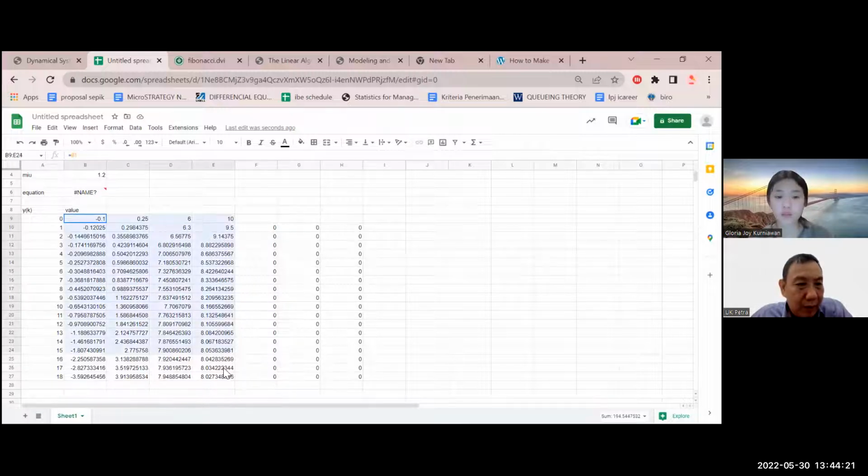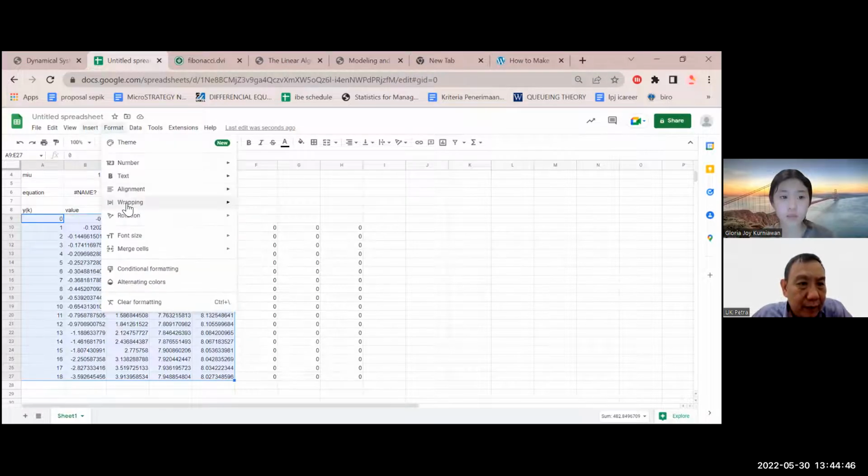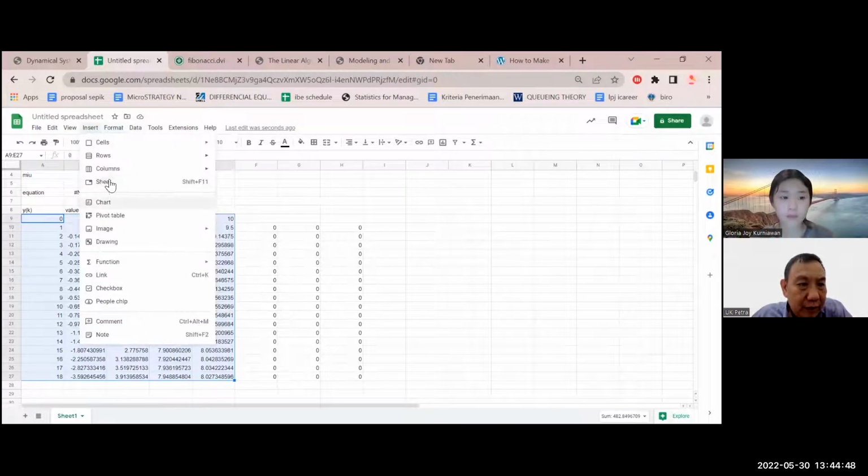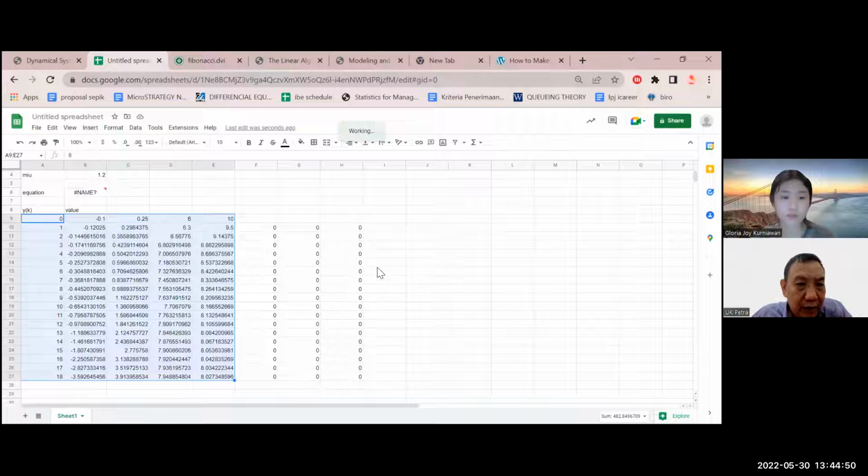The x is 0, 1, 2, 3 until 18, and the y is all. Sorry, I was slicing. From A to E, highlight everything, select everything, and then plot that one, the x, y chart.